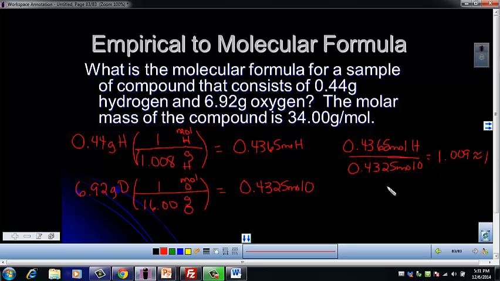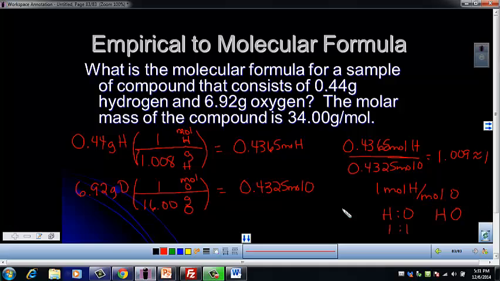So we're going to call that 1 mole of hydrogen per mole of oxygen. So we know that our ratio of hydrogen to oxygen is 1 to 1. So that means that our empirical formula is HO, so 1 hydrogen to 1 oxygen.